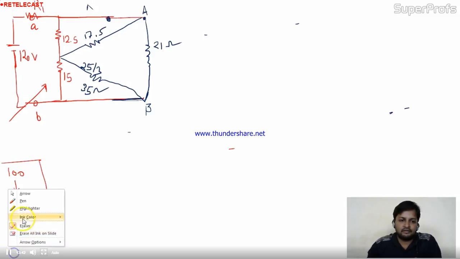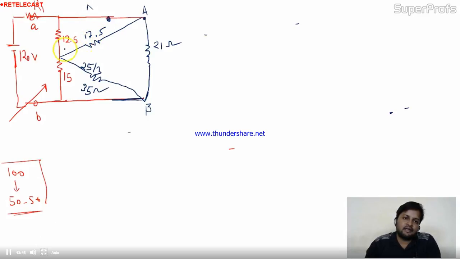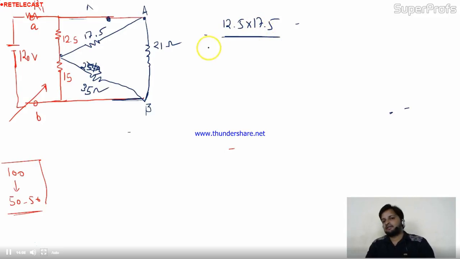We are having now this 17.5 and this 12.5, they are in parallel combination, because this is the starting point of these two, and this is the ending point. They are in parallel connection. The 15 and 35 are also in parallel connection. So again we can resolve 12.5 into 17.5 divided by the sum, 30.